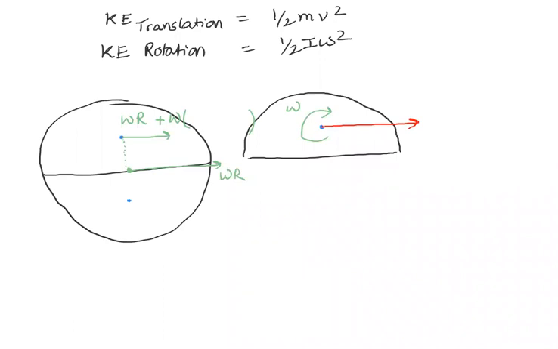Center of mass of a half disk 4r by 3 pi. अरे क्या बोल रहा है यार? अच्छा 4r by 3 pi बोल रहा है क्या? ओमेगा into 4r by 3 pi, और ये जो लोअर वाला है उसका वेलोसिटी ड्यू टू ट्रांसलेशन विल बी इक्वल टू ओमेगा r. Velocity due to rotation will be in the opposite direction.